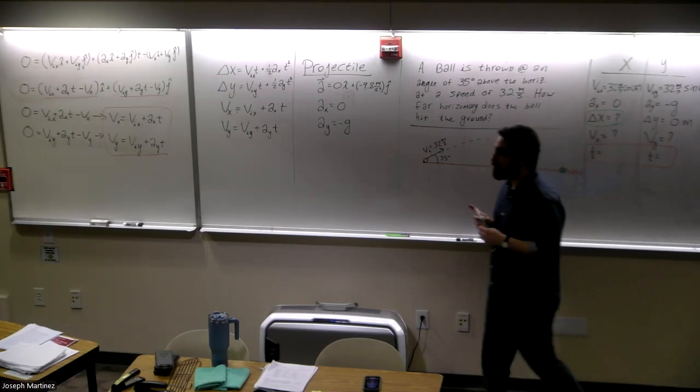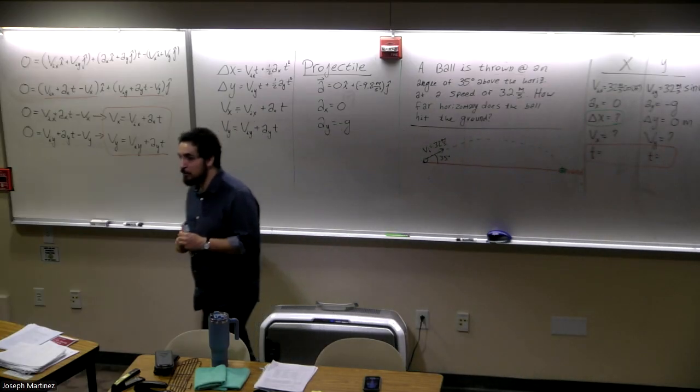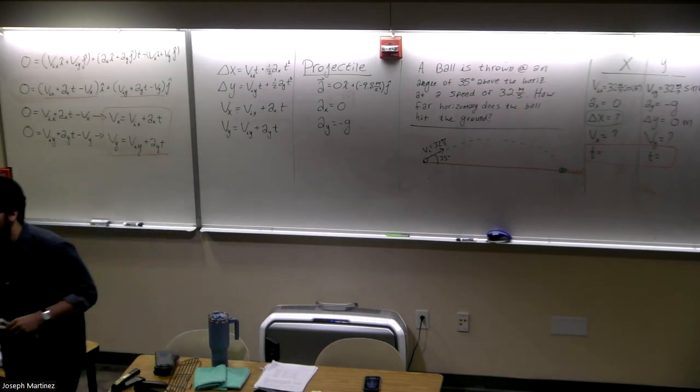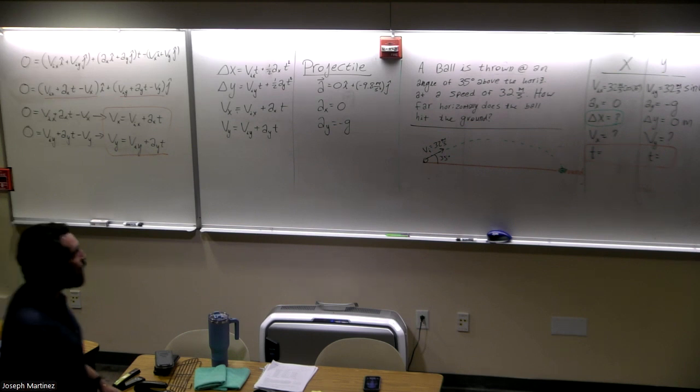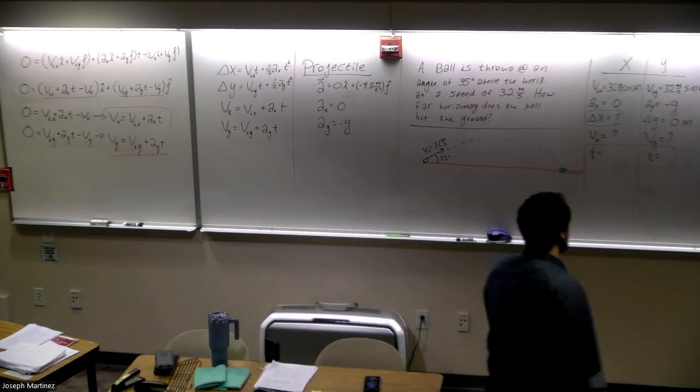Time is the only piece that links together your vertical and your horizontal components. Because it is the time it is in the air, and that is going to be the same for your horizontal and vertical, because it's just how long you've spent in the air. So your time is what links together your horizontal and your vertical pieces.